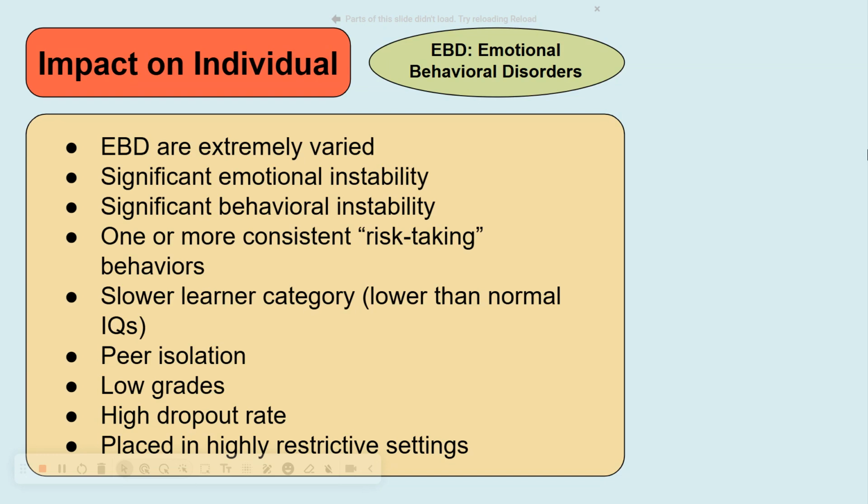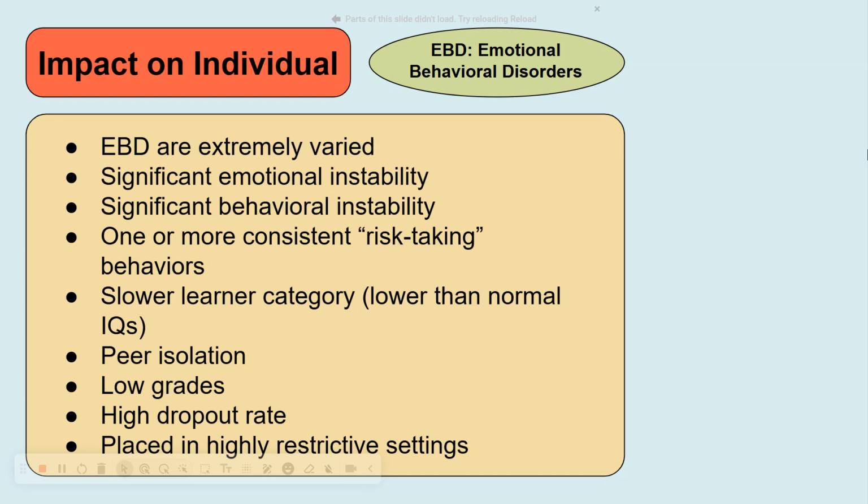I wanted to make it very clear that a lot of adolescents and teenagers do partake in risk-taking behaviors, but a student or a child with emotional behavior disorders is doing one or more of these consistently and is continuing to try and do and push the envelope more and more and more. And then we have academic-wise, they seem to be slower learner categories, so a lower than normal IQ.